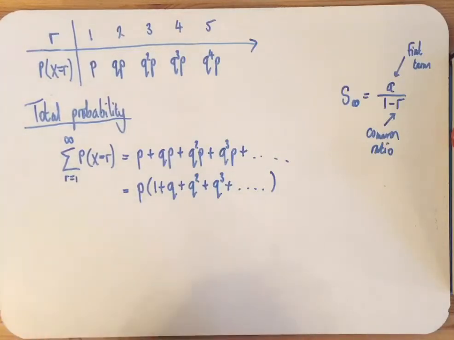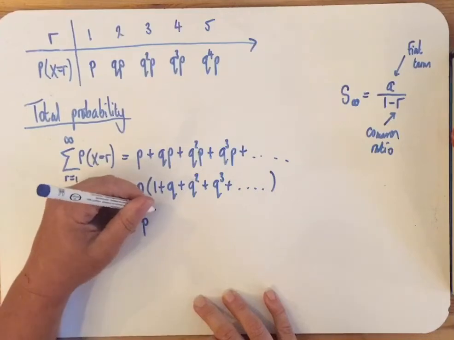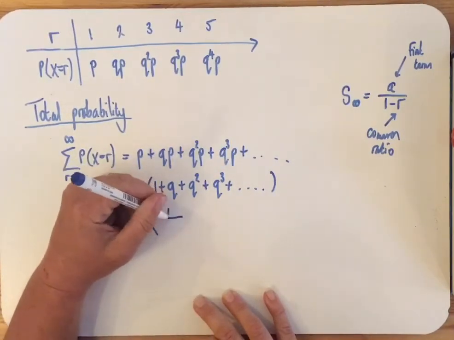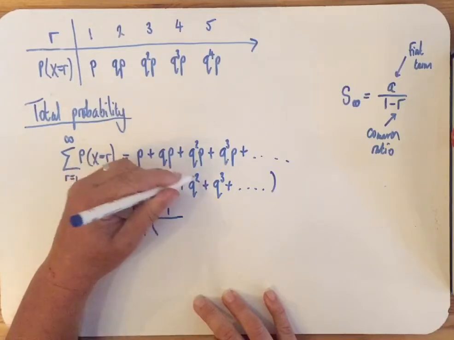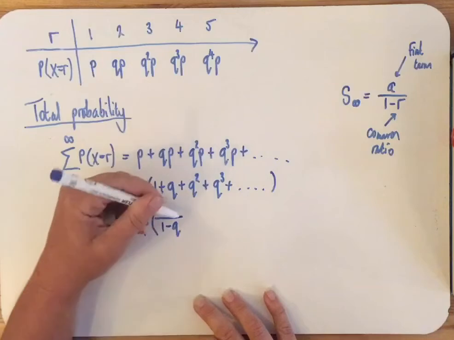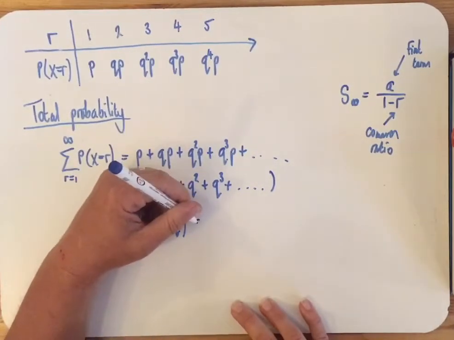We'll be doing that in maths in about a week's time, so you can always come back to this then. My first term is 1, and I'm multiplying by q each time to get to the next term. So it's 1 over 1 minus q, and 1 minus q is equal to p.